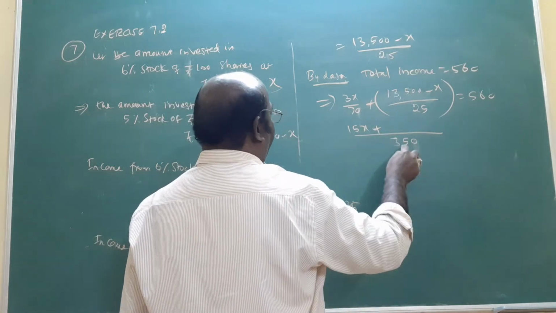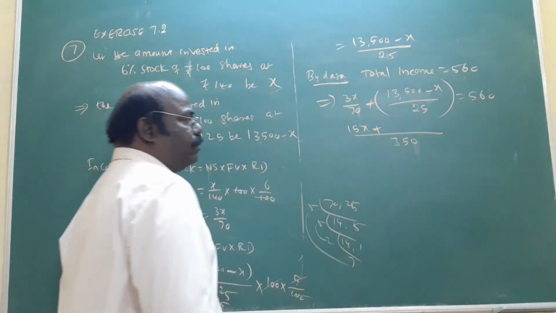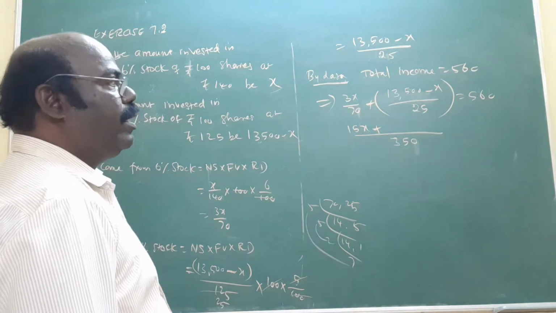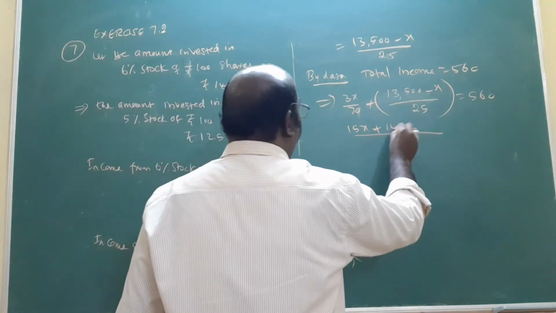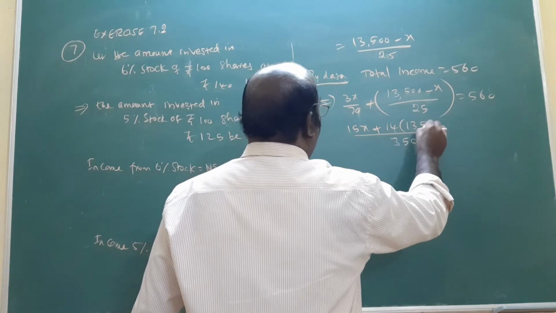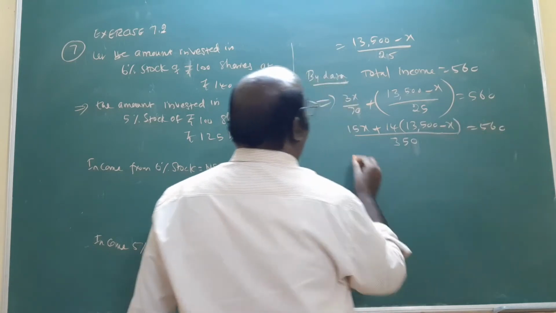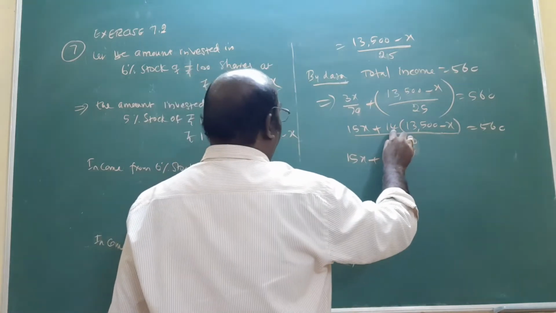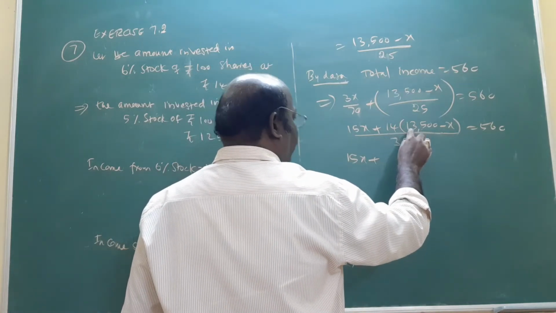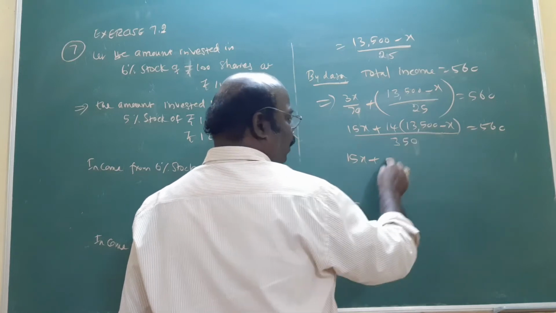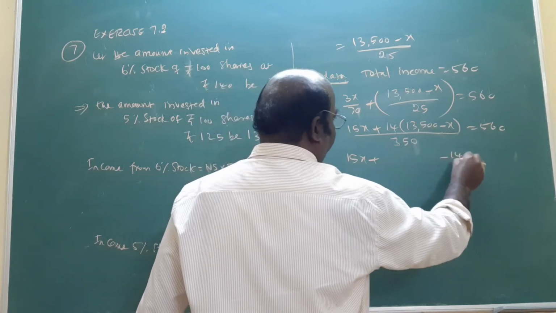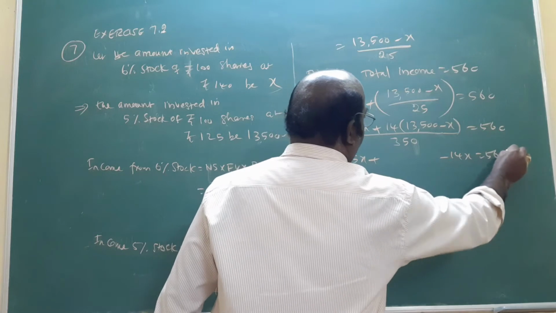Plus, in 350, how many times is 25? 14 times. So 14 into 30,500 minus X equal to 560. 15X plus 14 into 30,500, multiply by the calculator, minus 14X equal to 560 into 350.